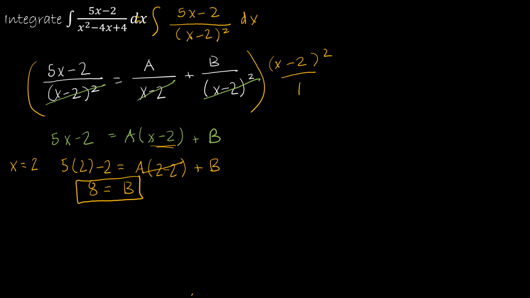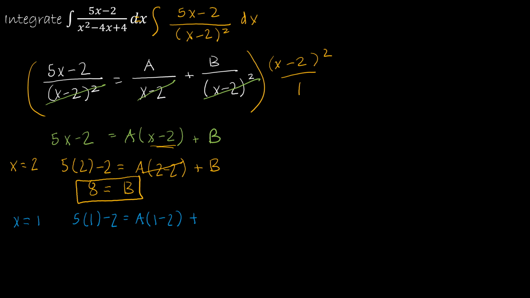Now from here, obviously I want to solve for b, but there's no number that I can plug in for x to just magically solve for b. So I have two choices. My first choice is to let x be any other number that I want it to be. So not 2, but something else. And I'm going to then just plug it in. 5 times 1 minus 2 equals a times 1 minus 2.